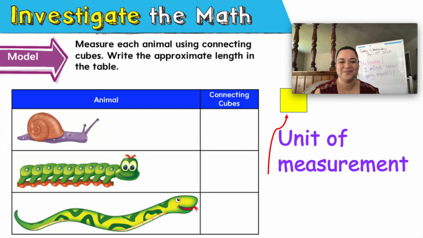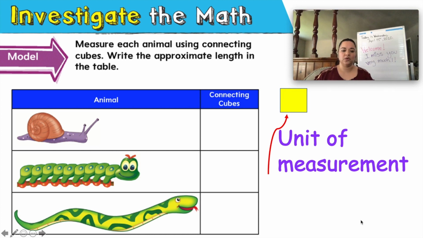That one right there. Okay? So look at the cube and look at the snail. About how many cubes do you guys think I'm going to need to measure this length of the snail? Remember, the length is the longest part. Thumbs up if you have an estimate, if you have an idea of how many we're going to need.